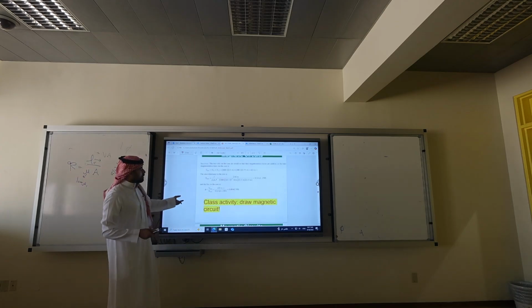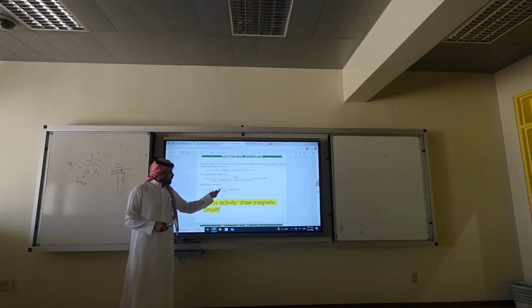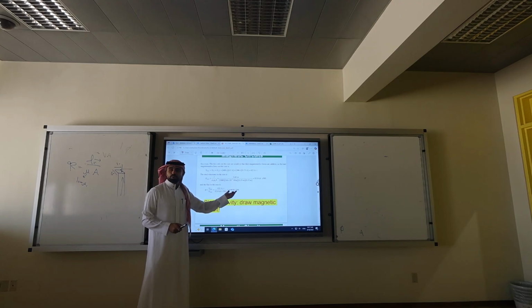So to solve this problem, the flux is N1I1 plus N2I2, which gives you 425. The reluctance is 92,000. If you divide them, you will get the flux of 4.62 milliweber. Get it?